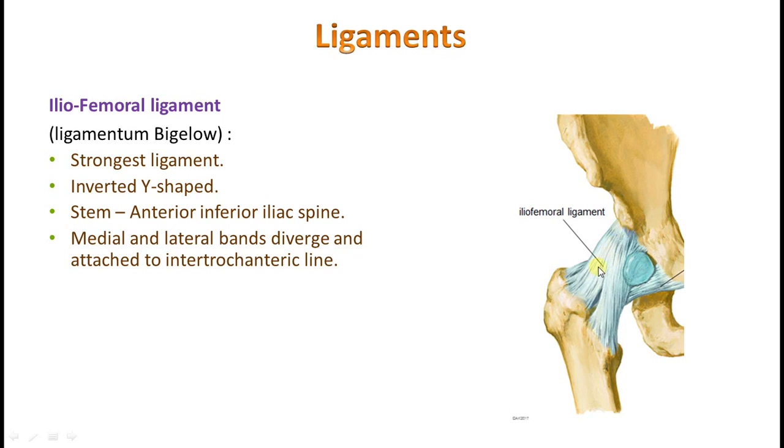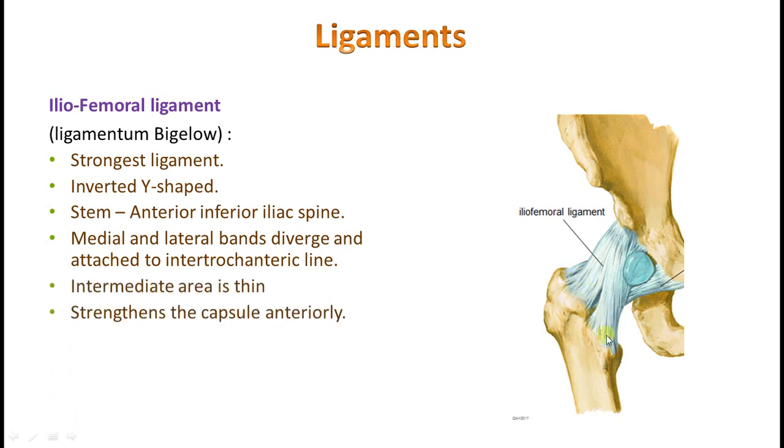Then it has a medial and a lateral band. The lateral band is attached to the upper part of the intertrochanteric line, and the medial band is attached to the lower part of the intertrochanteric line. So from the stem, the two arms of the Y diverge and get attached to the upper and lower part of the intertrochanteric line.